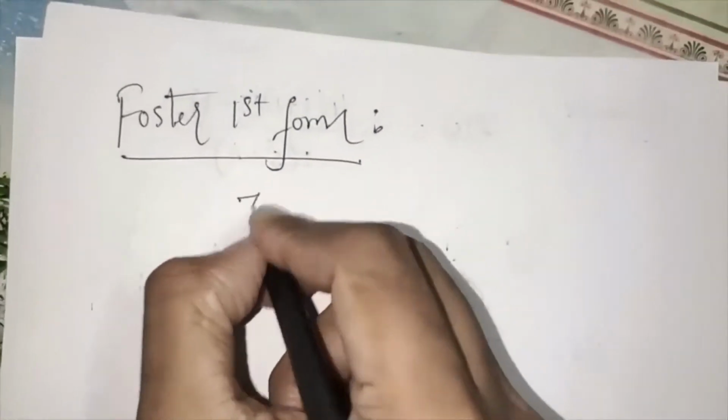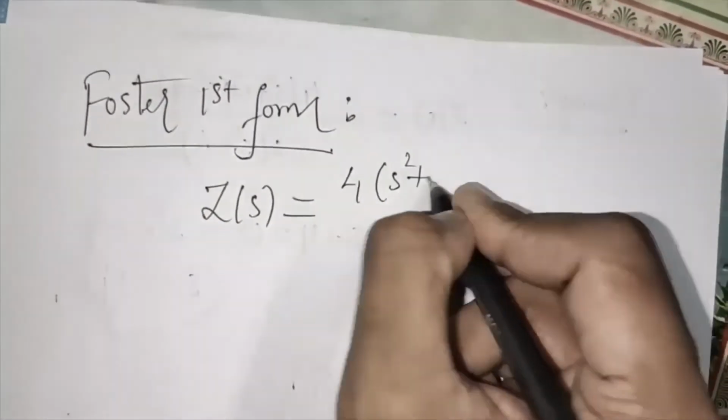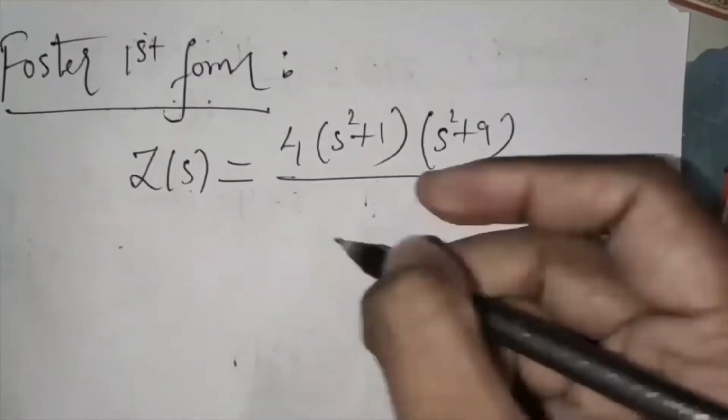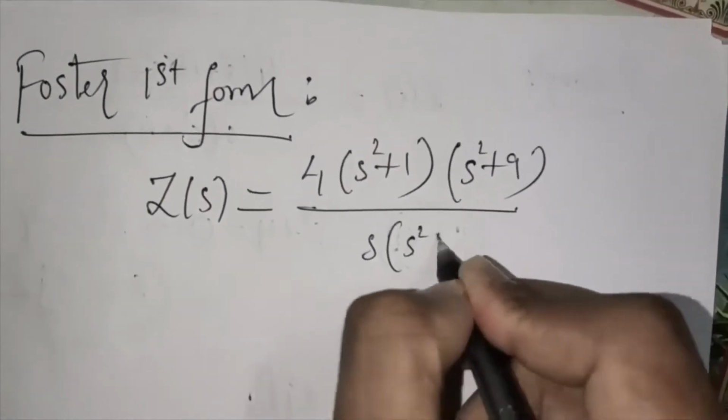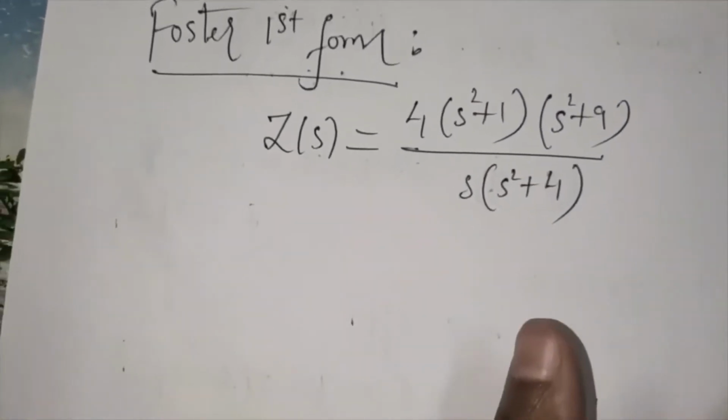So given that Z of S is equal to 4 into S squared plus 1 into S squared plus 9 divided by S into S squared plus 4. So the procedure remains the same.